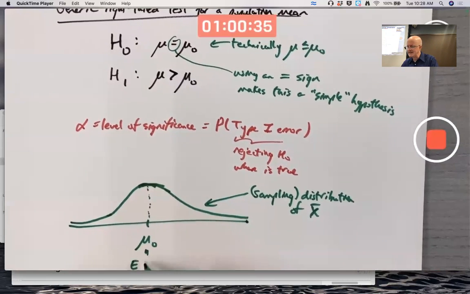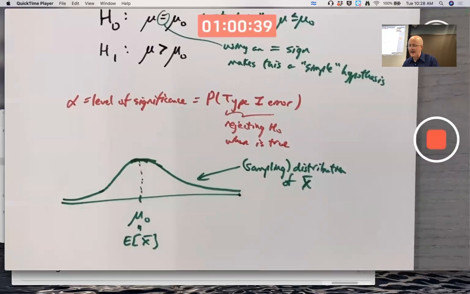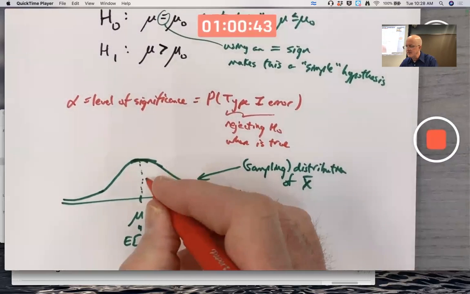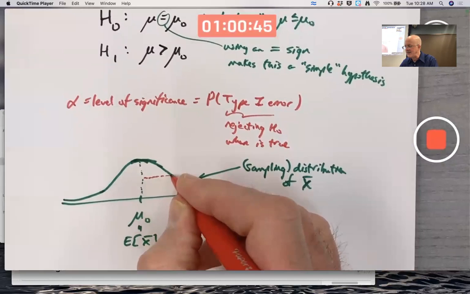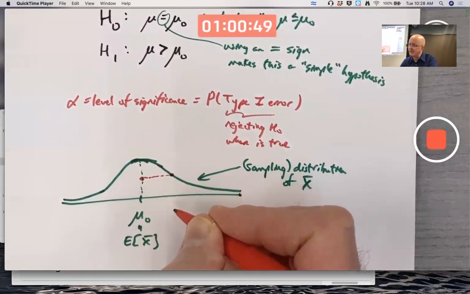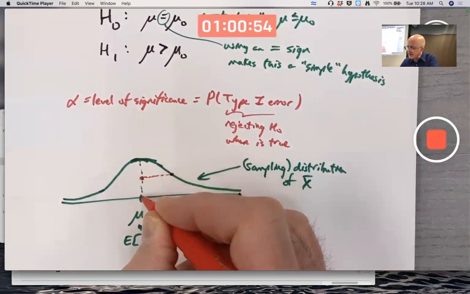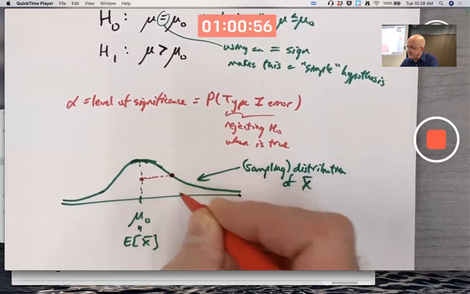X bar is unbiased. This is the same as the mean of X bar. And the standard deviation of this sampling distribution, which looks exactly normal if this population is normal and approximately normal, even if the population is not normal, is this horizontal distance between the vertical line there and this inflection point.